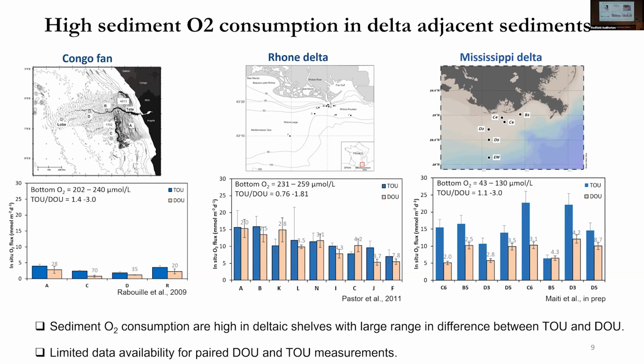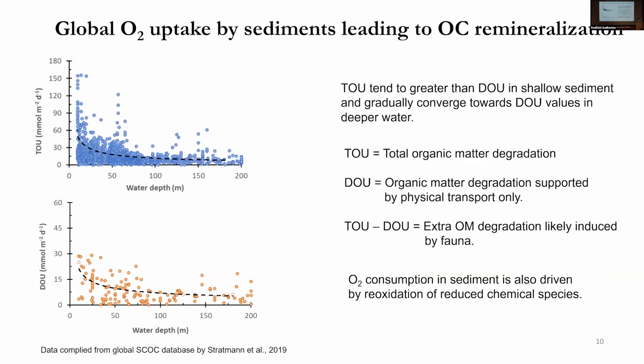One thing that comes out of this kind of analysis is that it's very limited data where both of these are done. But I think it's important that they can be done together because they can provide us a lot of other information.